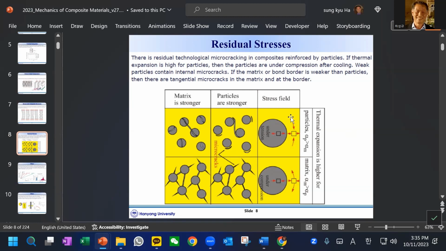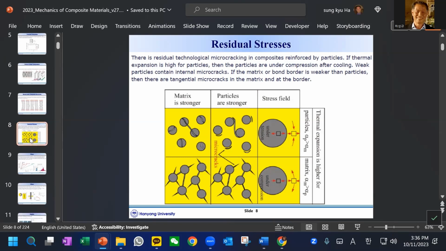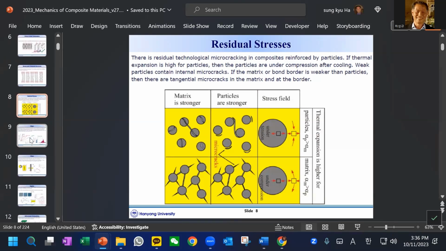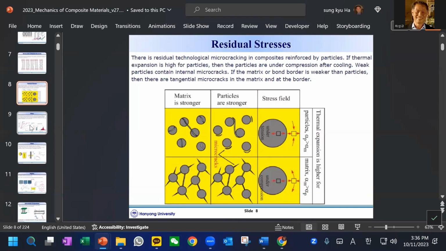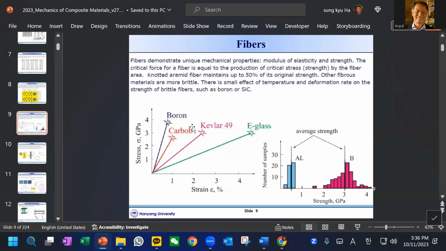So when cured, the resin usually shrinks compared to the fibers. As a result, there can be a large amount of residual stresses. So this can be another source of damage. We need to understand this behavior.